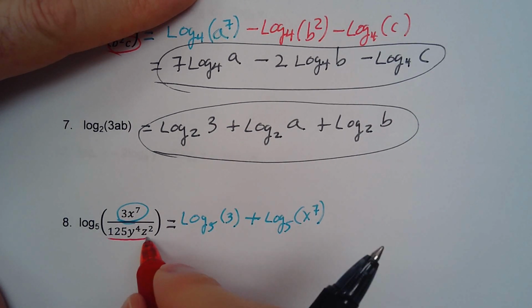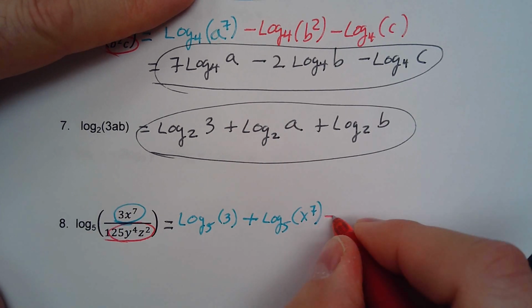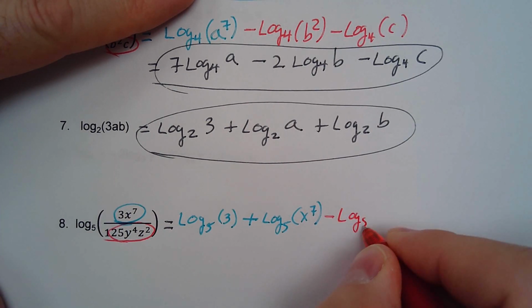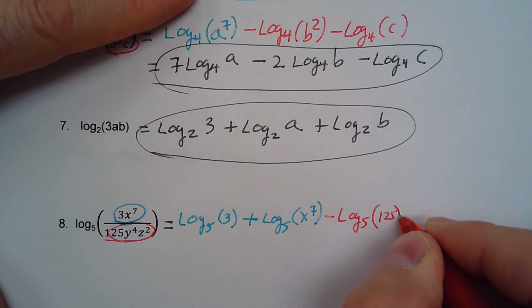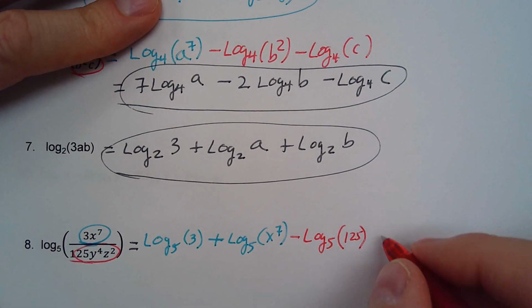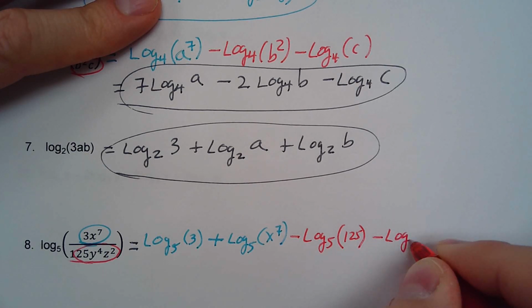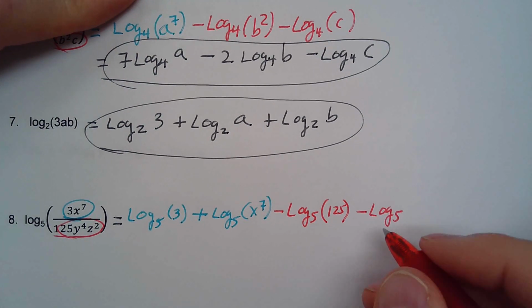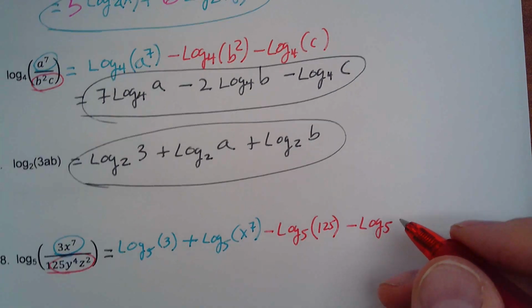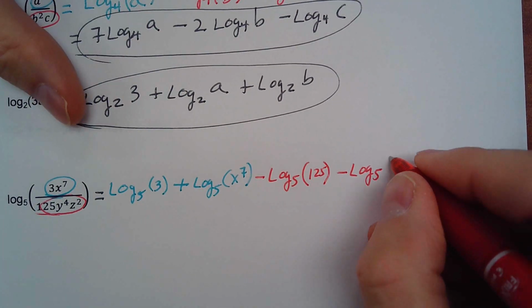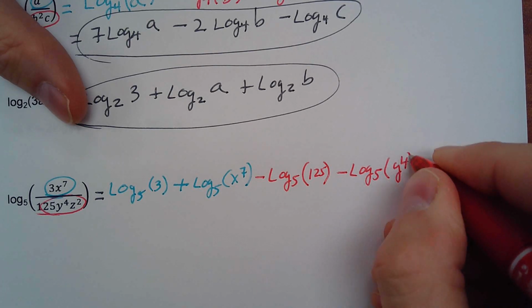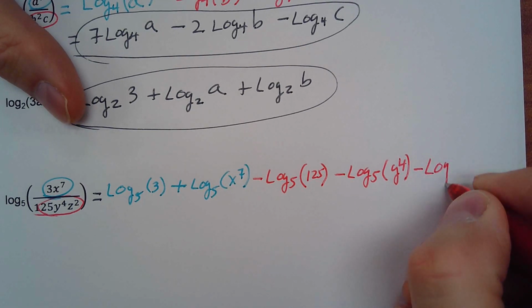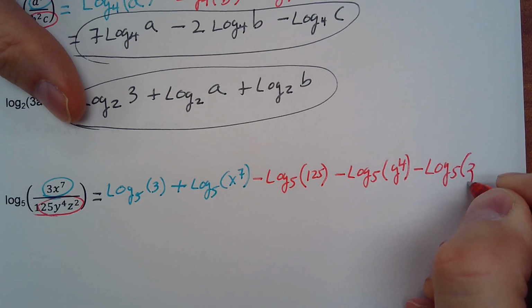And then I've got these three factors on the bottom, minus log base 5 of 125, minus log base 5 of y to the 4th, minus log base 5 of z squared.